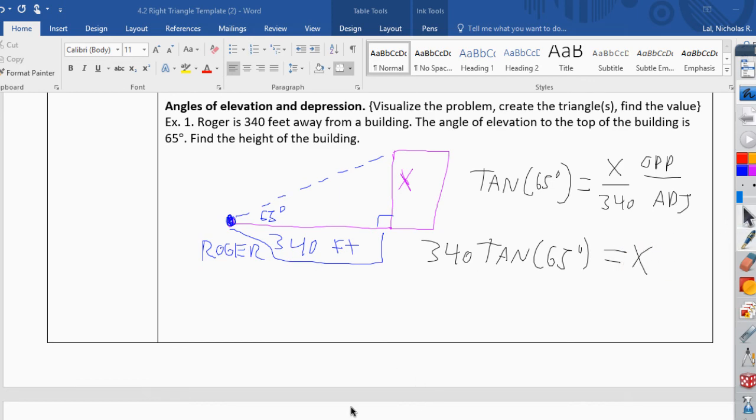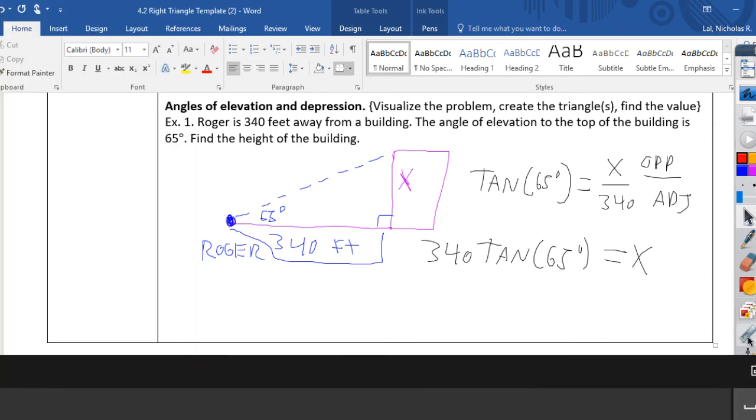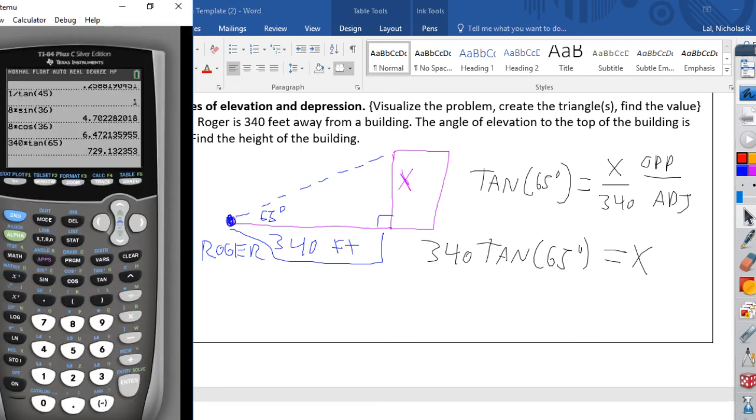Now, to find x, I got my calculator. 340 times the tangent of 65 is equal to x. So that means that the building is 729.13 feet tall.